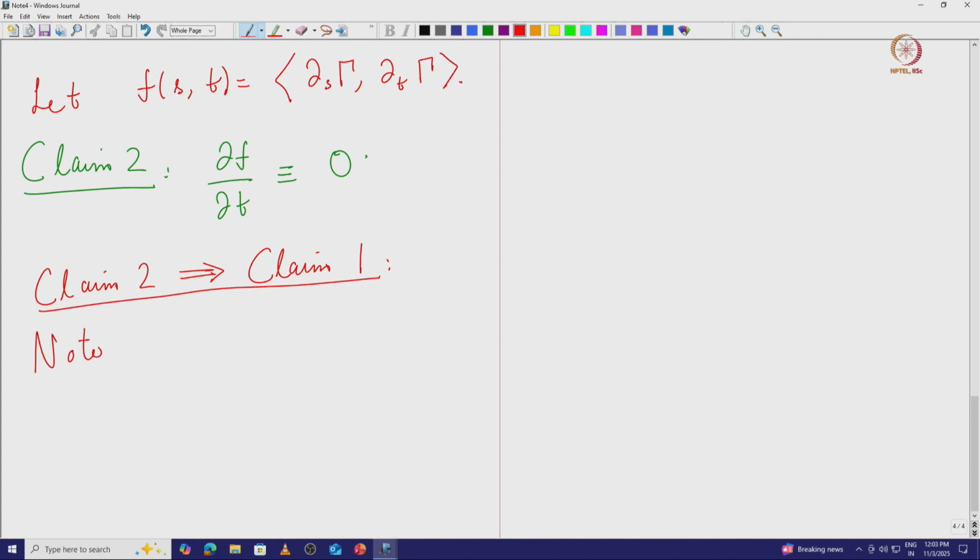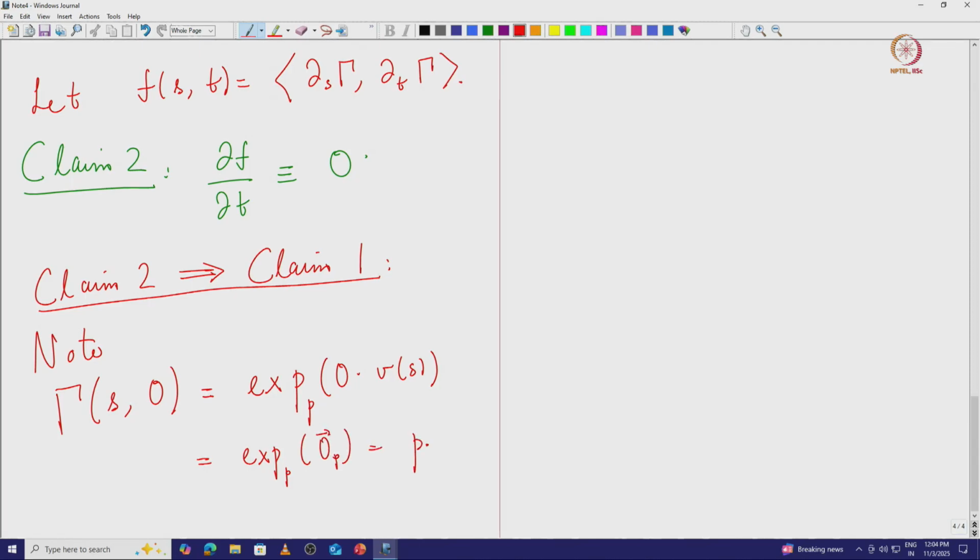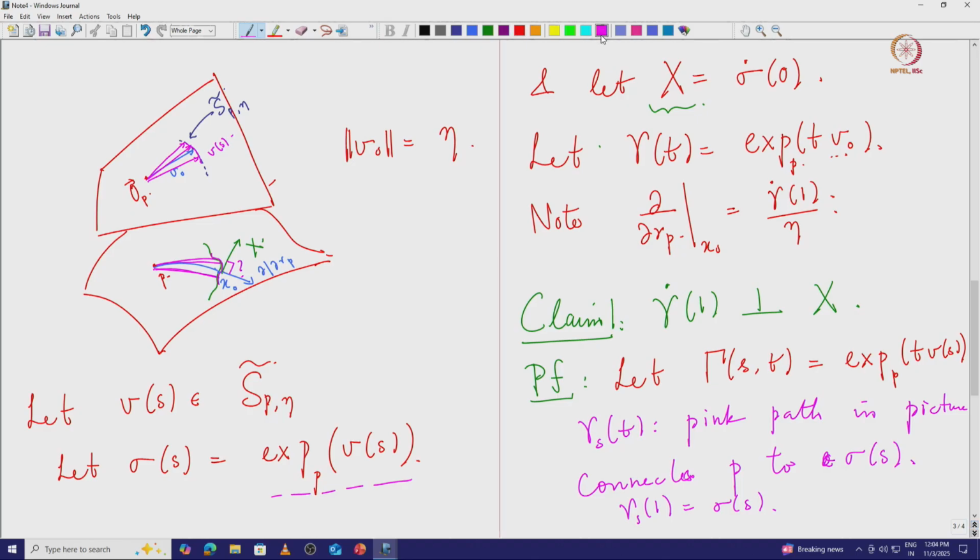So note that if you put t equals 0 in your variation capital gamma, then this is just going to be 0 times v of s, which is exponential of 0, which is just p. So gamma of s comma 0 is p for all s, which just means that if you look at this variation, it basically keeps this point p fixed, right.